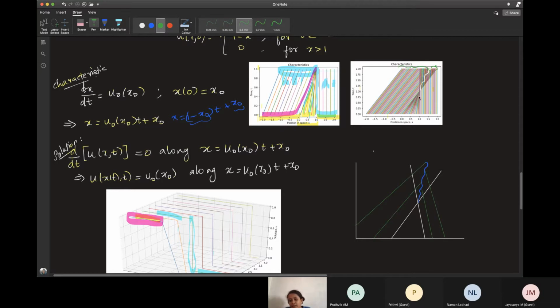Initially, up till breaking time, you had no problem. The solution was continuous in the whole of the xt plane, the whole of the real plane.